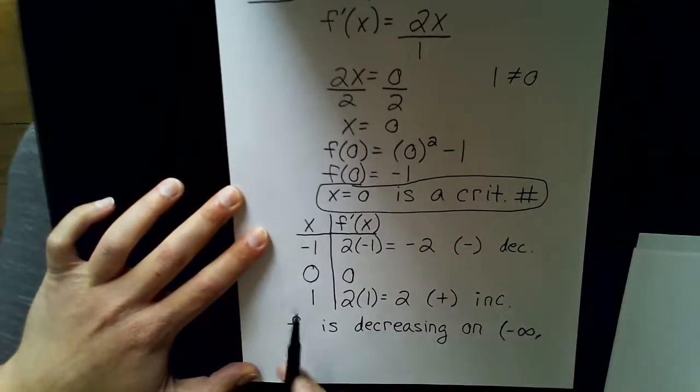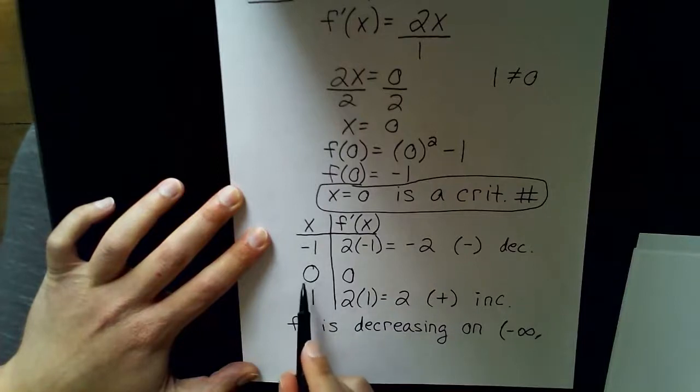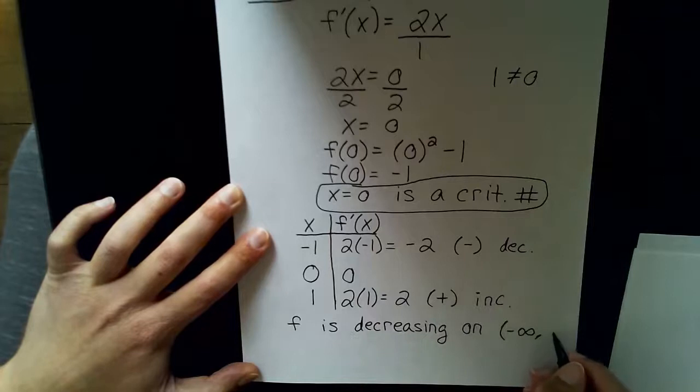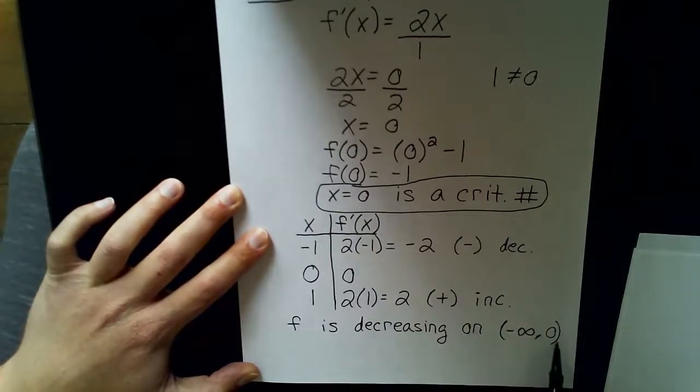And if we continue all the way until we reach 0, when our first derivative is no longer negative, we'd go from negative infinity to 0. And remember, we always put a parenthesis because you can never say that it's increasing or decreasing at one exact value.